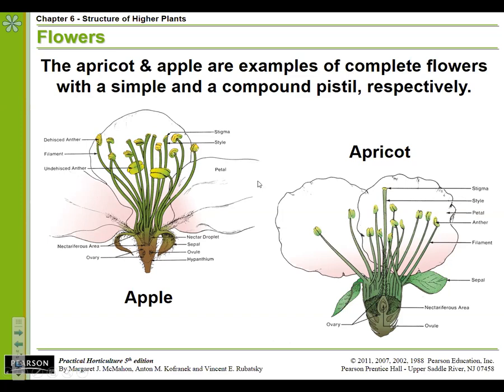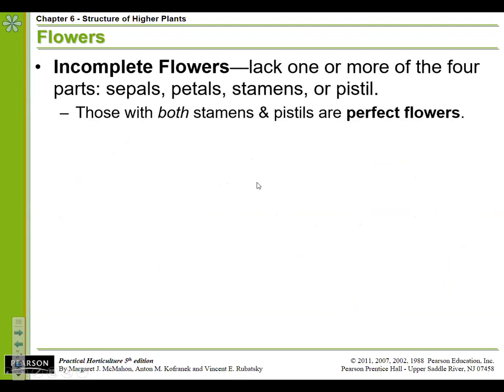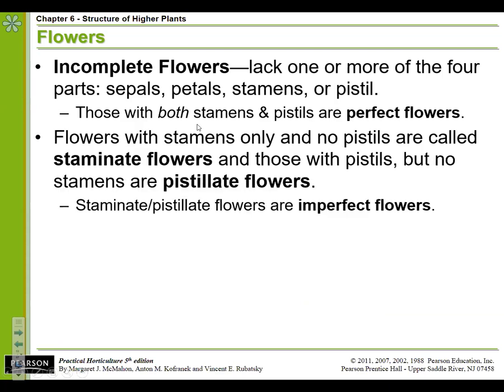And they have the stigma, style, petal. They have all those different flower parts. Incomplete flowers are lacking one or more of those parts, the sepals, petals, stamens, or pistil, those whorls of the flowers. When they have both sexual parts, both male and female, they are perfect flowers. If they only have one, they are imperfect flowers.